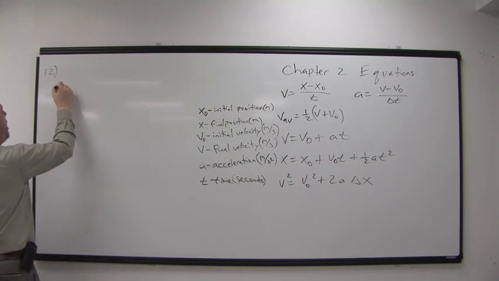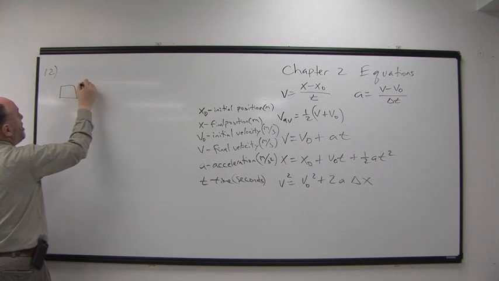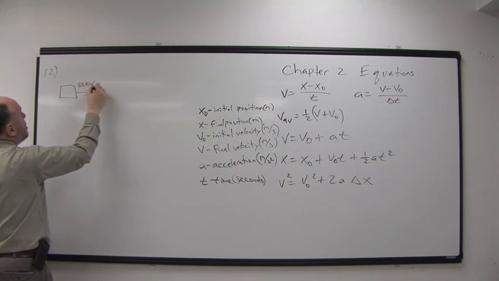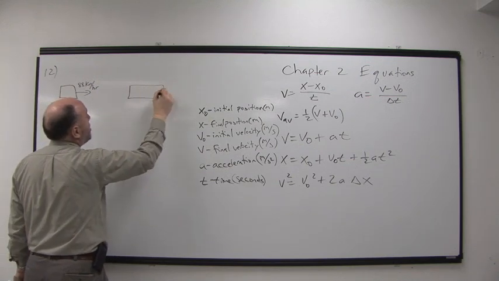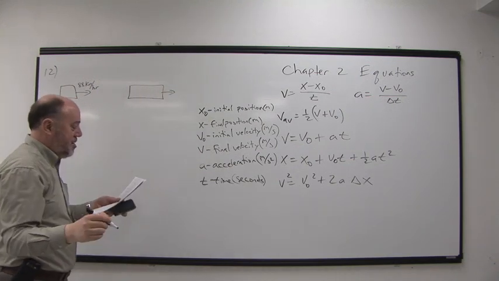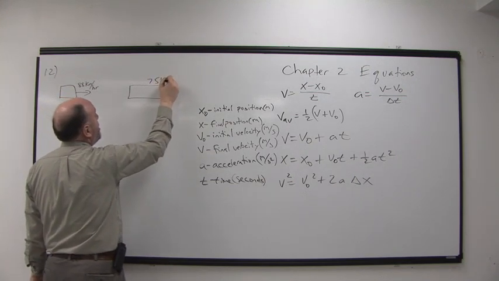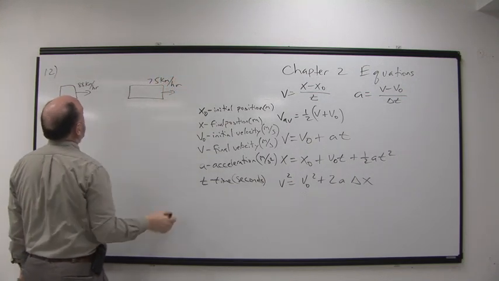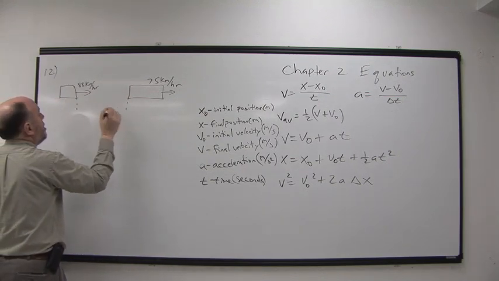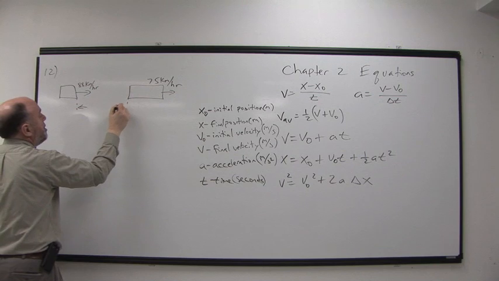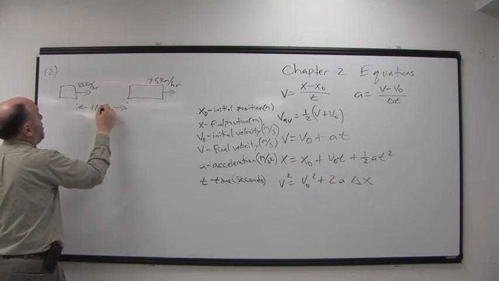Basically you have one car going at 88 kilometers per hour, and a truck also going in that direction, traveling at 75 kilometers per hour. The distance in between the two is 110 meters.